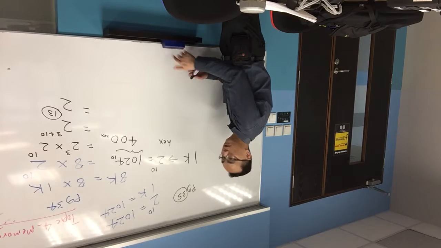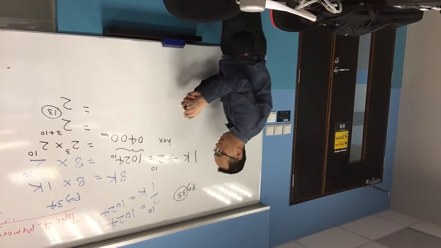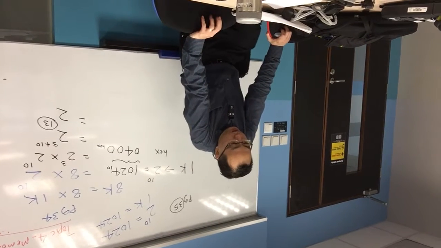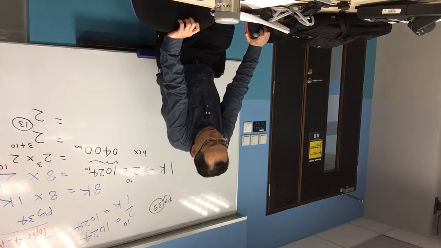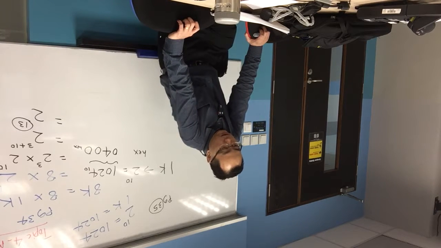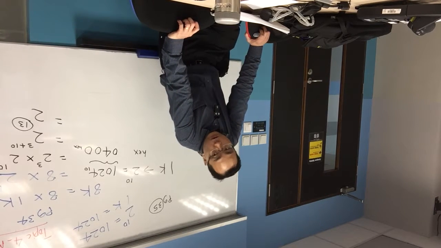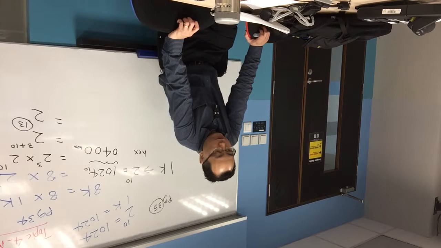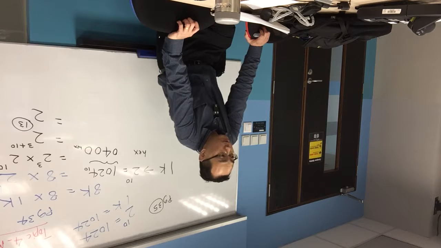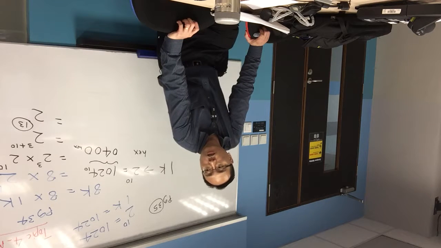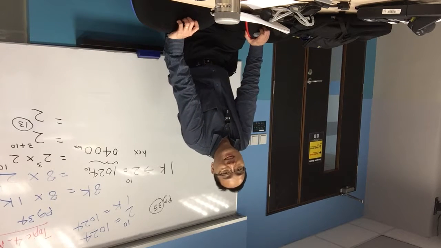Now look at the next part. If you have a 2K memory, still looking at page 35, the solution on top, 2K means 2 times 1024, which is 2048. 2048 can be expressed in hexadecimal. So be friendly to your calculator, and your calculator will serve you well in the exam.